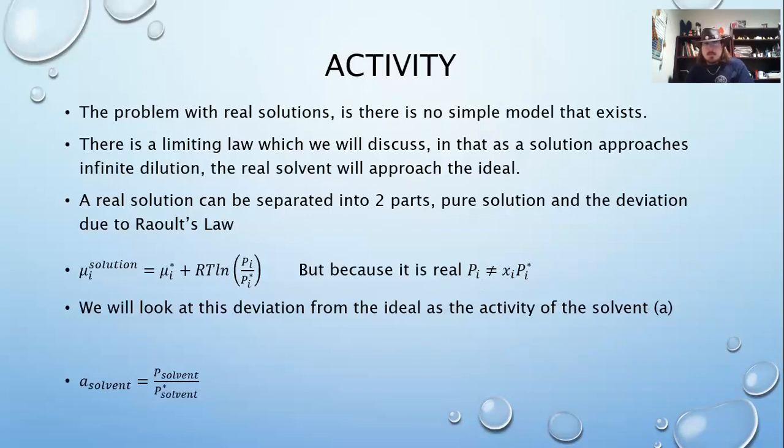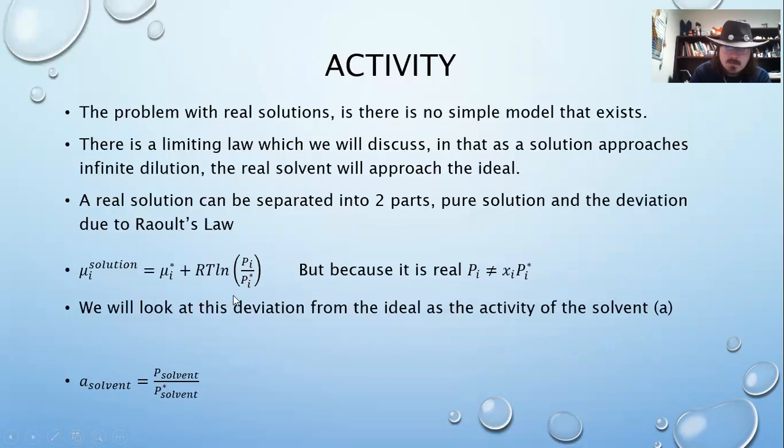Raoult's law said that the partial pressure is equal to the mole fraction times P pure. But because this is not an ideal solution, this does not simply equal the mole fraction. So this would be something you actually measured, and that's known.